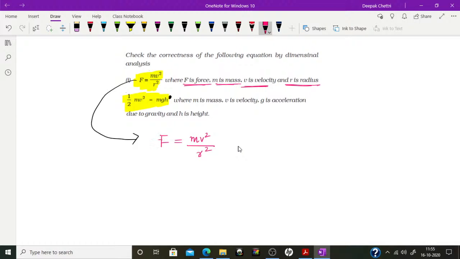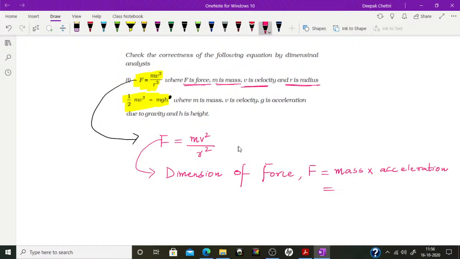So let us find the dimension of F. What is the dimension of force? I have explained in the last class how to find this, I'll still do it once again. We have to know the formula. Force, from Newton's law, which you must have studied in class 9, is mass into acceleration.